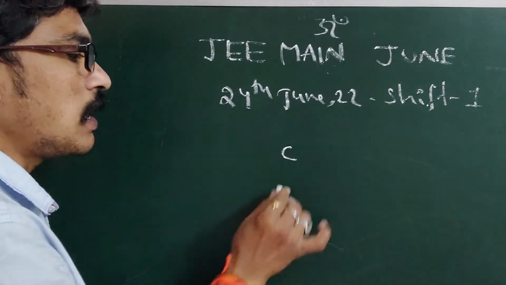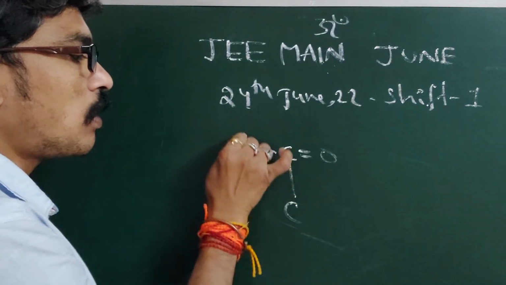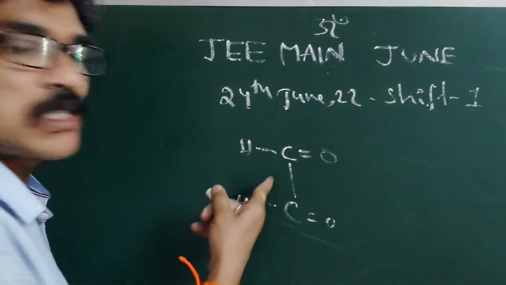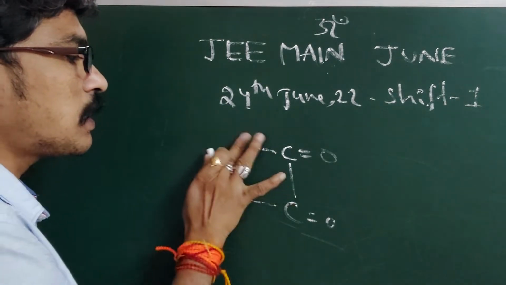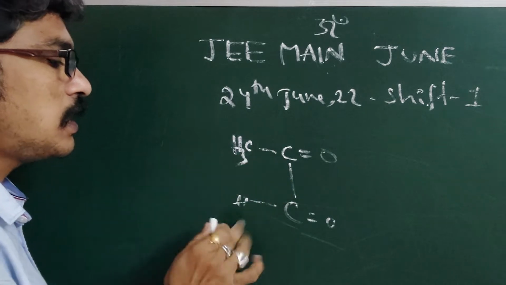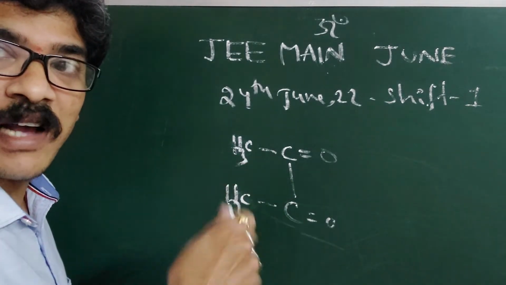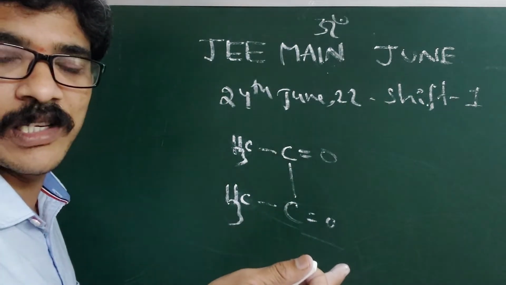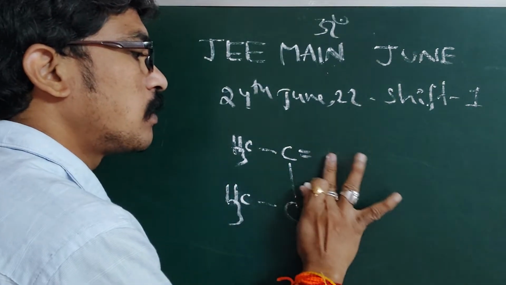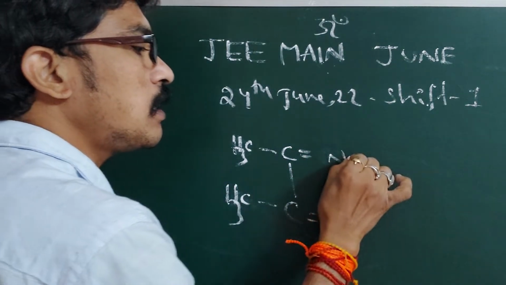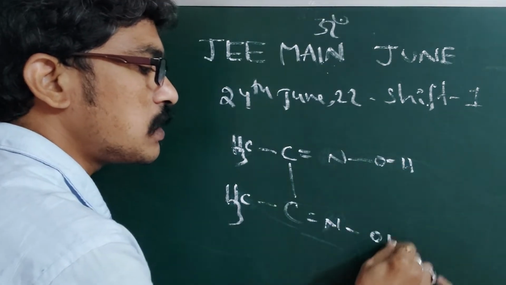So we know glyoxal, CHO-CHO, with a CH double bond O on each side. This is called glyoxal. Dimethyl: in place of H, we take CH3. When the aldehyde reacts with NH2OH, it forms an oxime, that means here NOH is there.